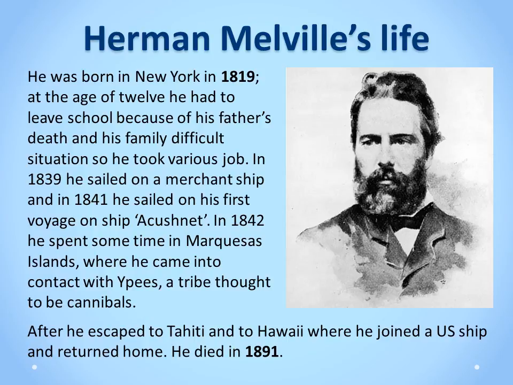In 1842 he spent some time in the Marquesas Islands, where he came into contact with the Typee, a tribe thought to be cannibals. After, he escaped to Tahiti and to Hawaii, where he joined a U.S. ship and returned home. He died in 1891.